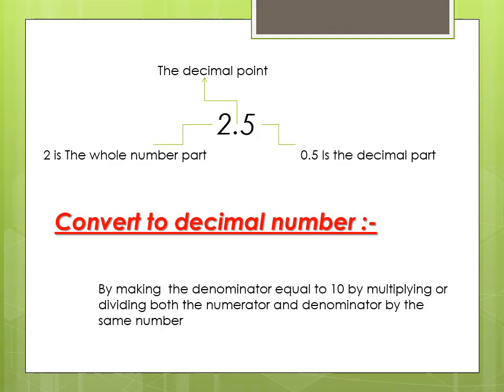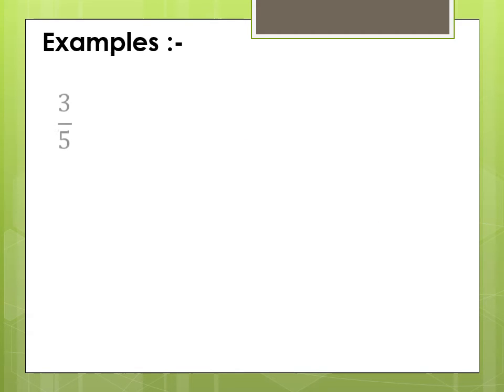Let's take an example. The first one, 3 over 5. How can I write it in decimal? We must convert the denominator 5 into 10. So what will I do? Yes, I will multiply by 2.